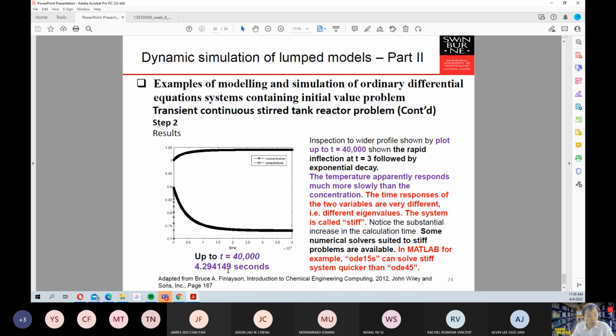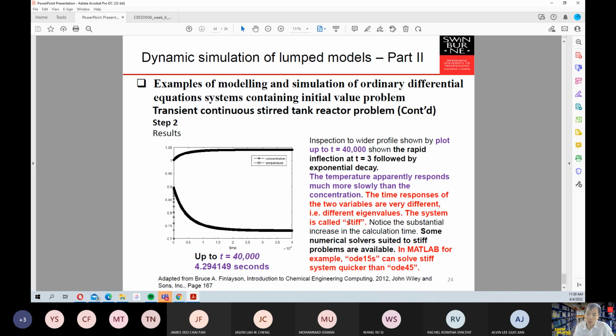So this is what we call a stiff problem. Why? Because the concentration and the temperature have different time constants, meaning the time responses of the two variables are very different. One is quicker than the other by a significant amount. This is what we call a stiff system.